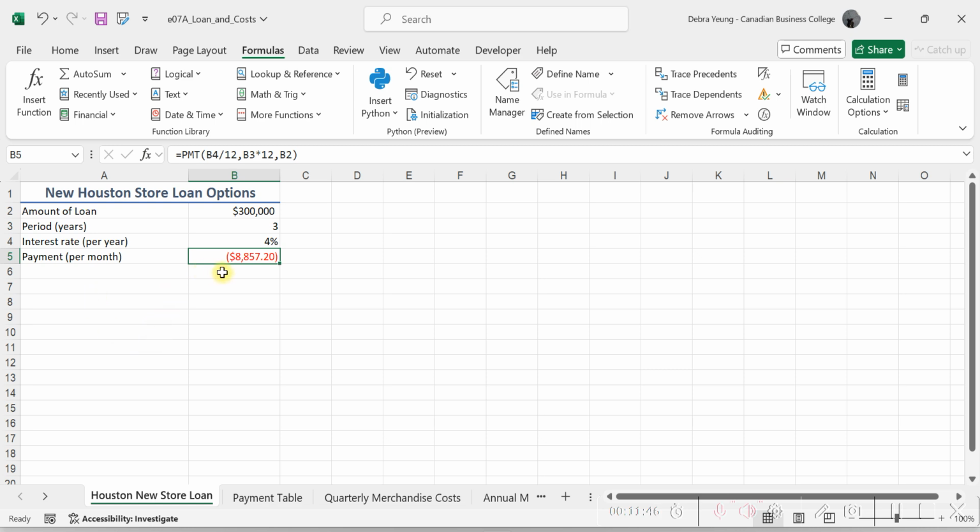It's represented as a negative number because it's red and in parentheses. Normally not an issue. However, there are some functions and formulas where you've got to have a positive value. So this negative value works sometimes.